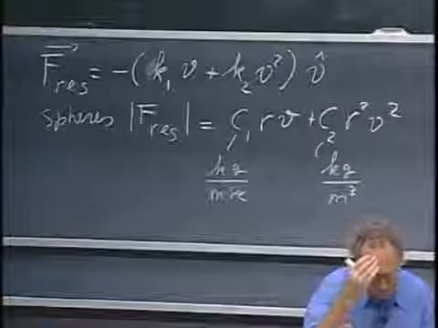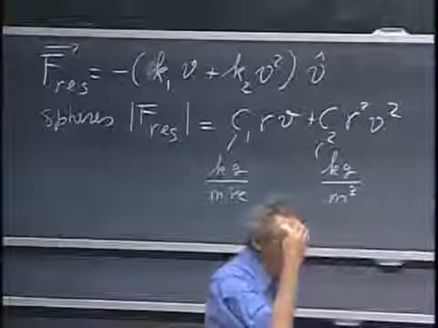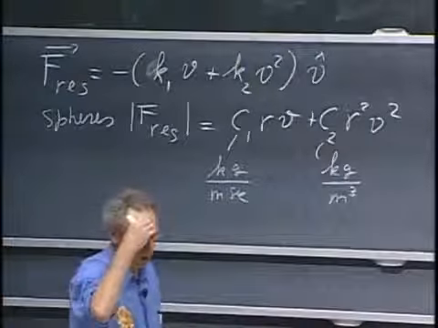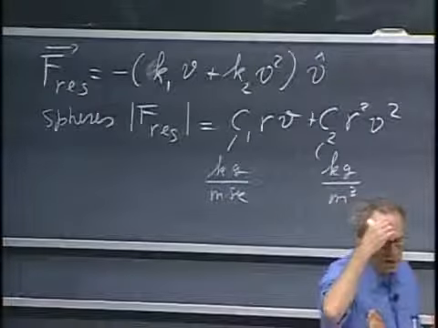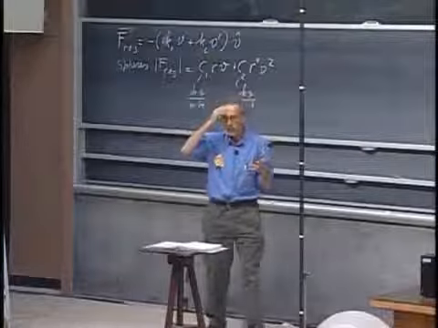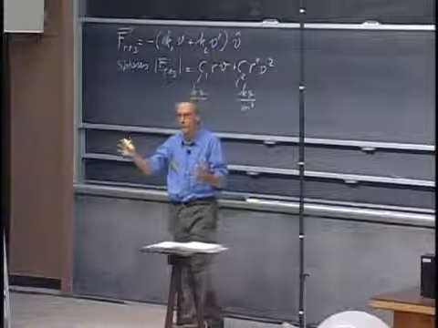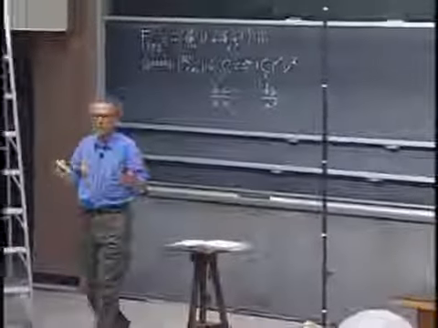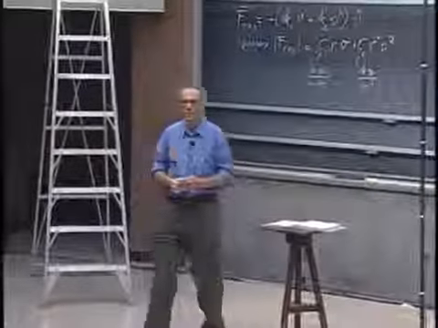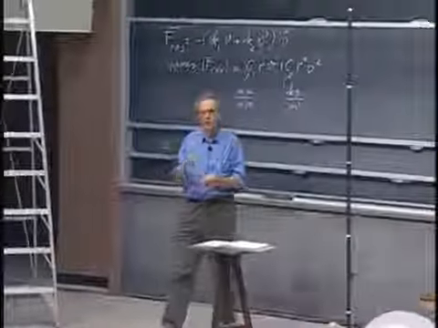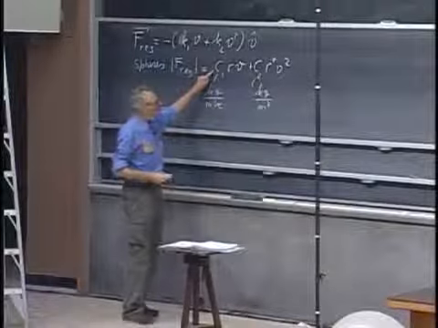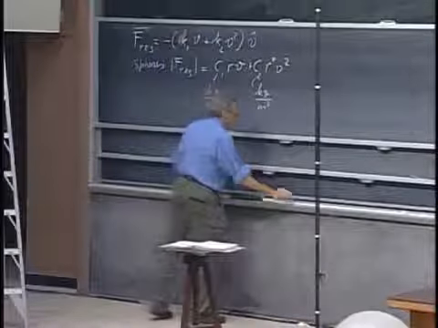The viscous term has to do with the stickiness of the medium. If you take, for instance, liquids, water and oil and tar, there is a huge difference in stickiness. Physicists also refer to that as viscosity. If you have a high viscosity, it's very sticky, then this number C1 will be very high.